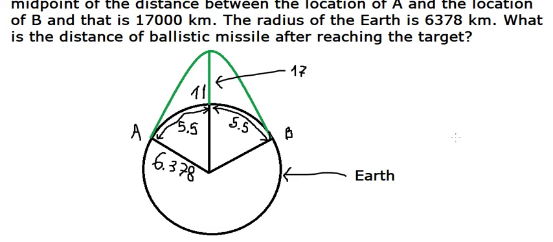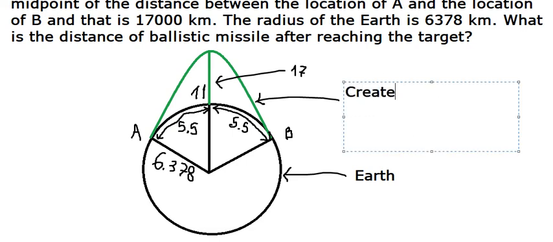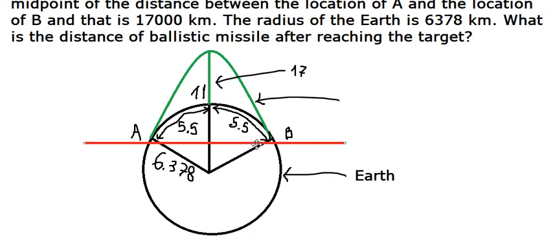So now I will show you the answer. To find this one, we need to create the equation of the parabola. This is so important to find the distance. So I will put coordinates just like this.